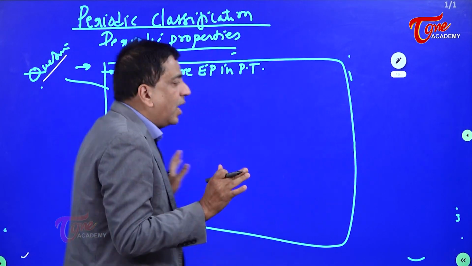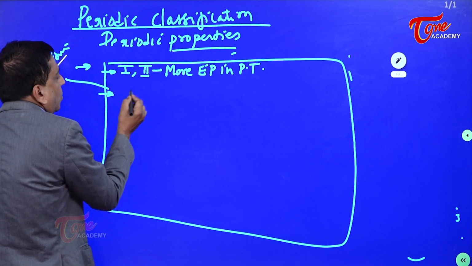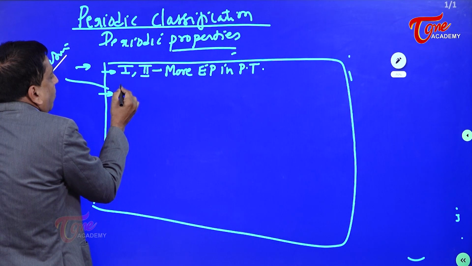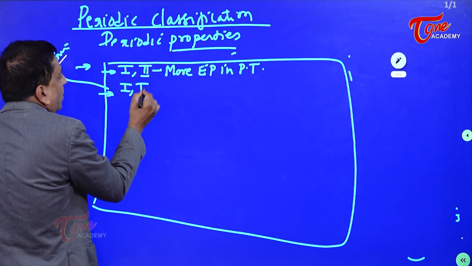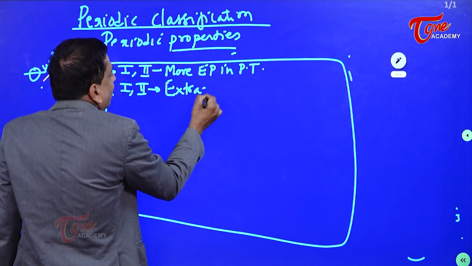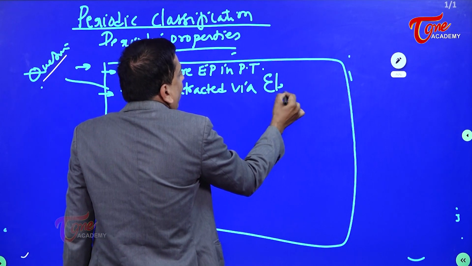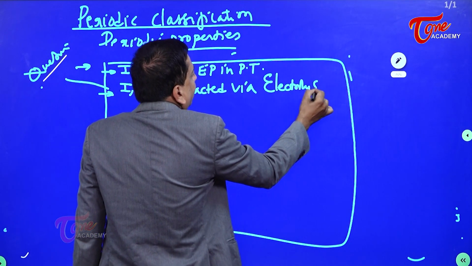If that is the case, then understand: first and second group elements are extracted via electrolysis only.